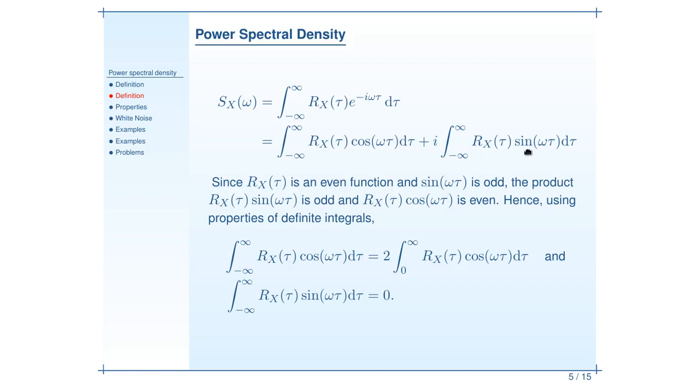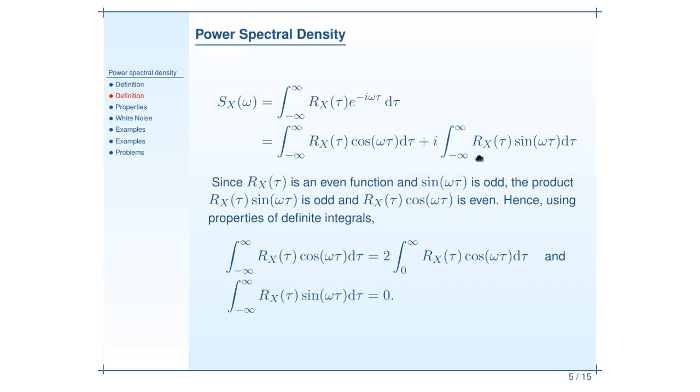Similarly, Rx(tau) is even, and sin omega tau is an odd function. The product of an even and an odd function is odd. When an odd function is integrated from minus infinity to infinity, or over any symmetric interval minus a to a, it is going to be 0. So because our autocorrelation function is an even function, the Fourier transform simplifies.